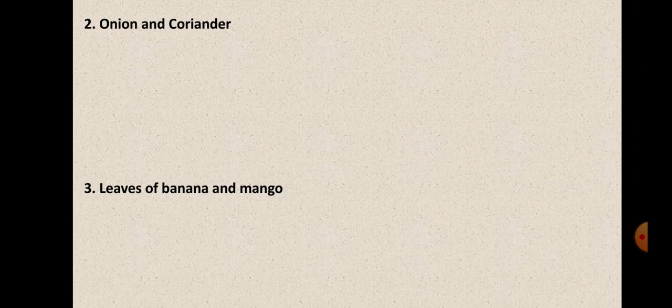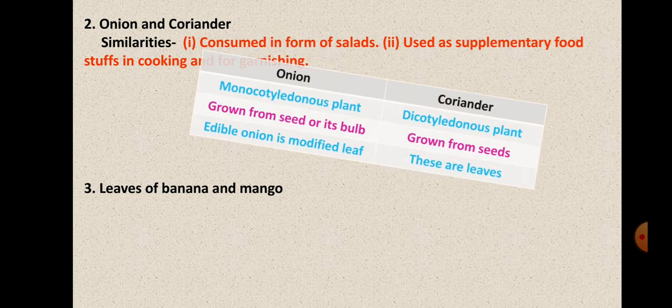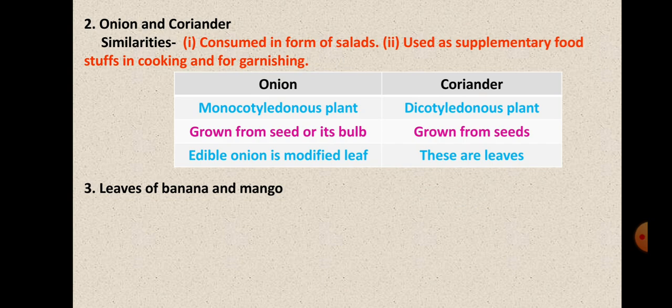Second one is onion and coriander. The similarities: both are consumed in the form of salads, that is they are eaten raw, and they are used as supplementary foodstuffs in cooking and garnishing. Garnishing means to decorate the food dish. And the differences: onion is a monocot, coriander is dicot.